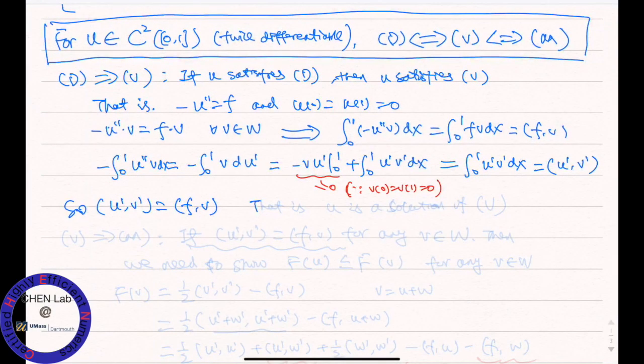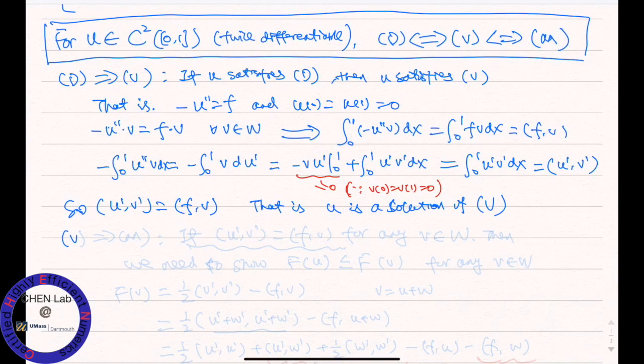That is, u is a solution of problem V. So we're done with proving from D to V. Again, V would be our starting point for designing the so-called finite element method.